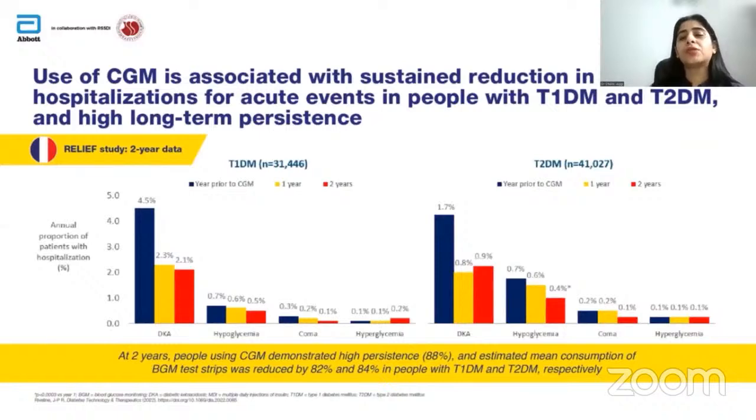So clearly showing how CGM technology is so well accepted by the patients and they are happy persisting on this because of all the improvements and the convenience and the flexibility that CGM offers.